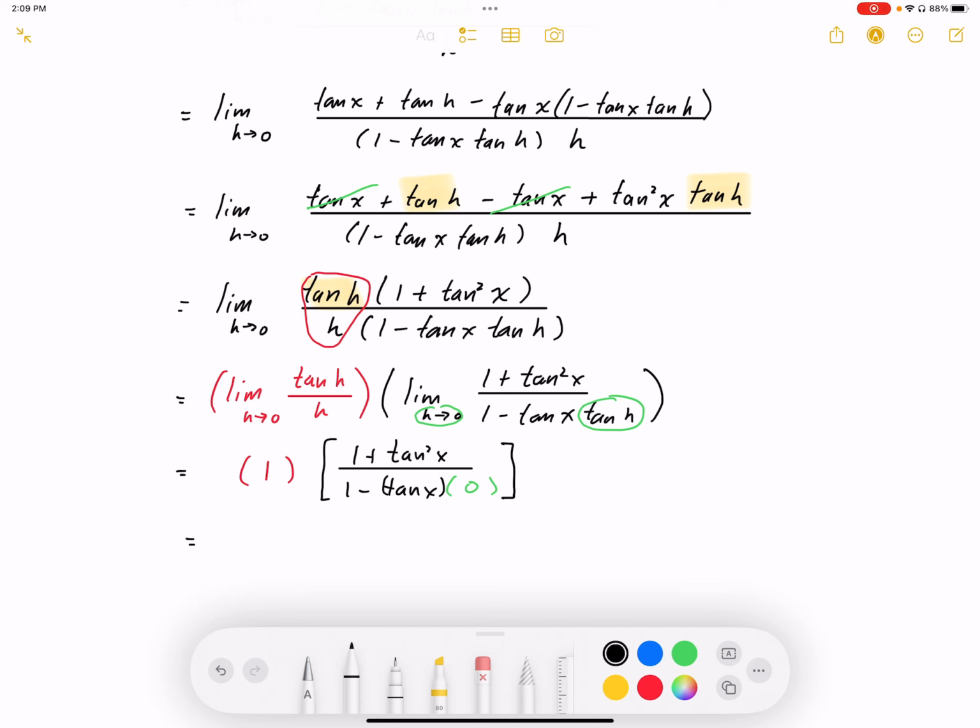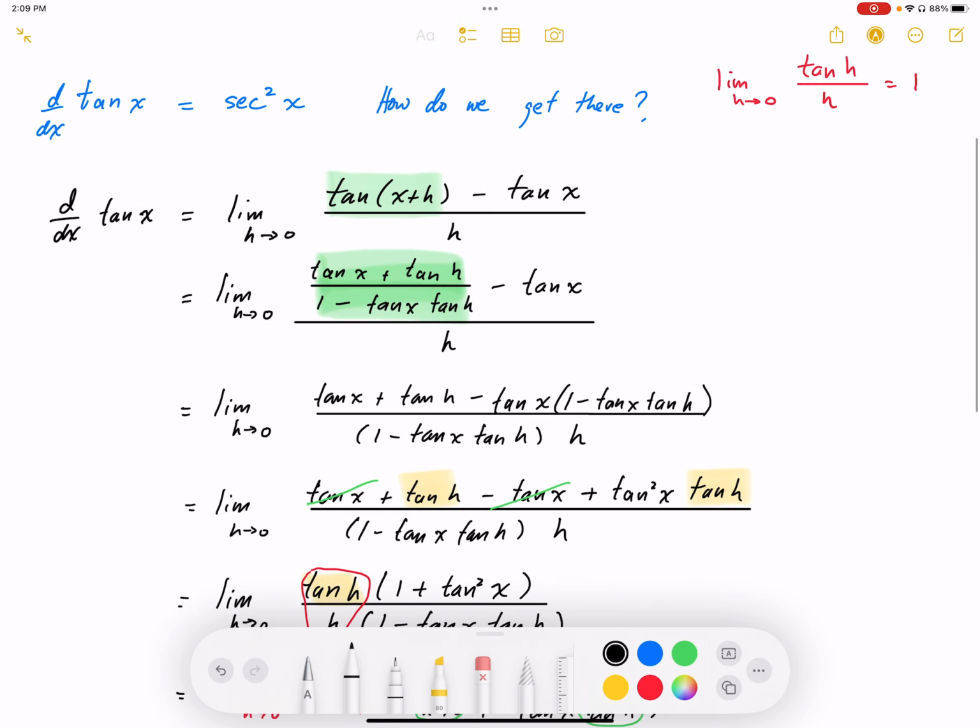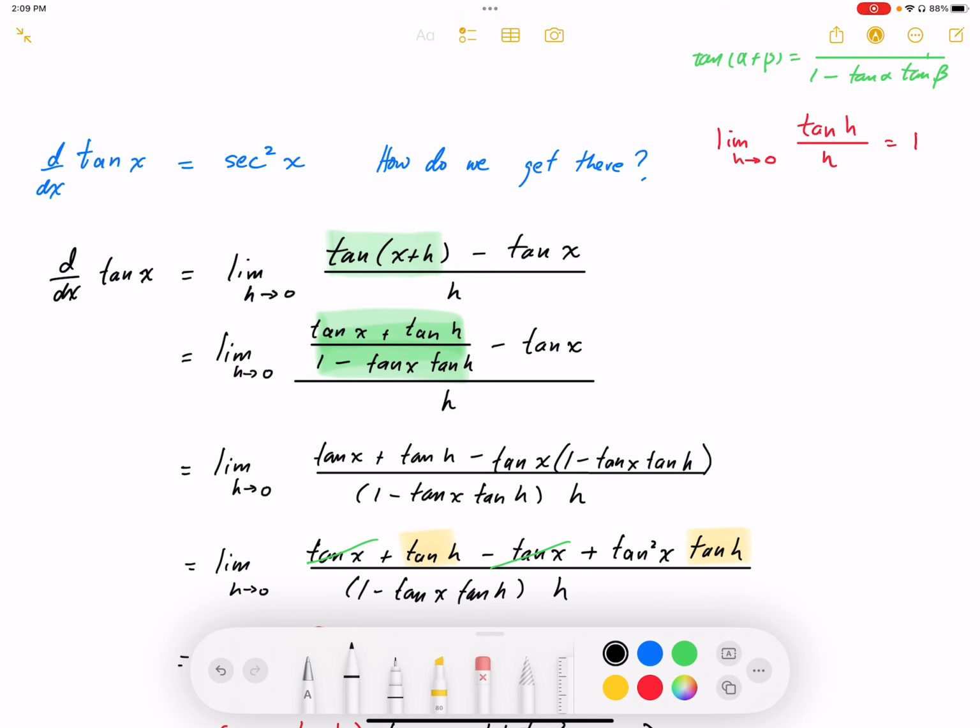It's going to be 1. I'm just going to take that 1 out. This is going to be 1 plus tan squared x, which is really secant squared. And it's going to be 1 minus tan x times 0, which is 0. So this works out to be 1 plus tan squared x. And using our identity, we get secant squared x. So we've shown then, using the limit definition of the derivative, that the derivative of tan x is equal to secant squared x.